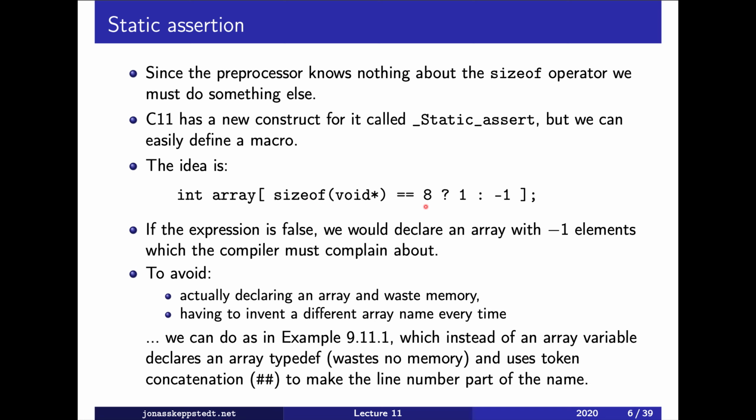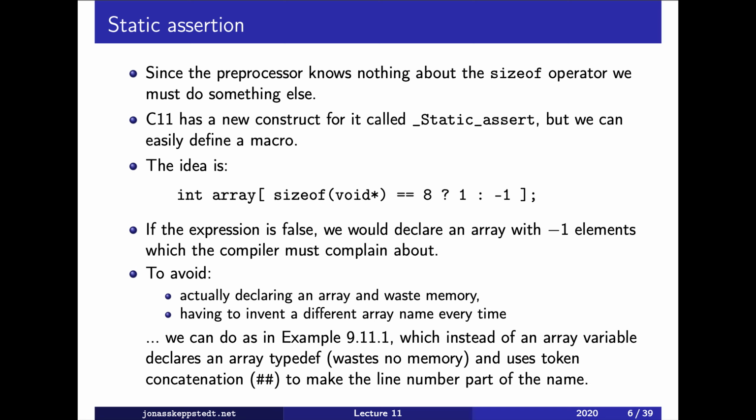Okay, and if it's true, then it will just work fine, and if it's not, then it will end up with an error. What is wrong with this, or not wrong but bad, is that we will have an array that is not used for anything. So it's a waste to create an array for this.